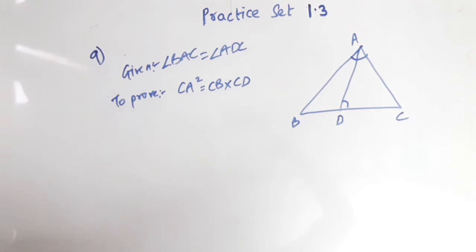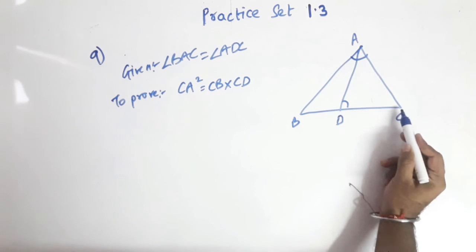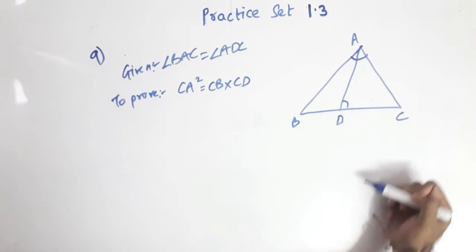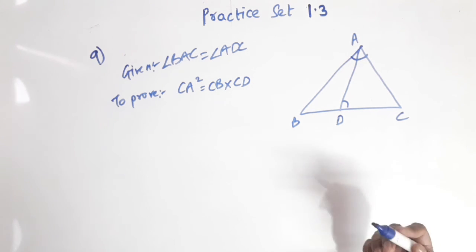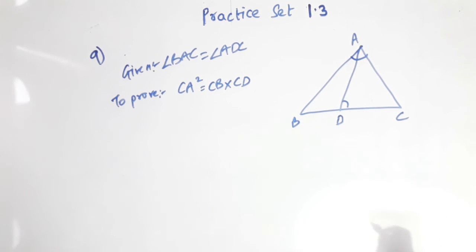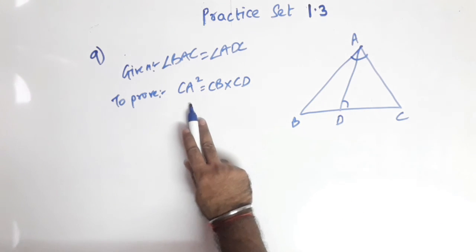Ninth one. It is given that angle BAC is equal to angle ADC. Now we will choose the triangles. Here you can see three triangles are there. We have to choose the triangles according to what we want.